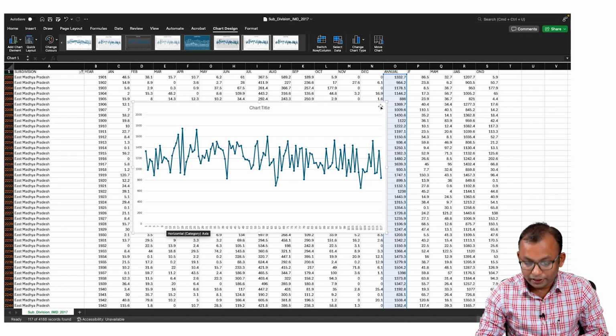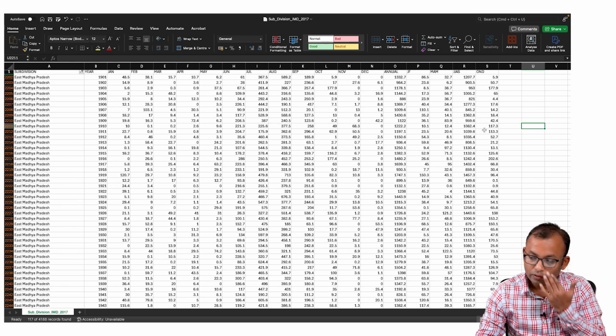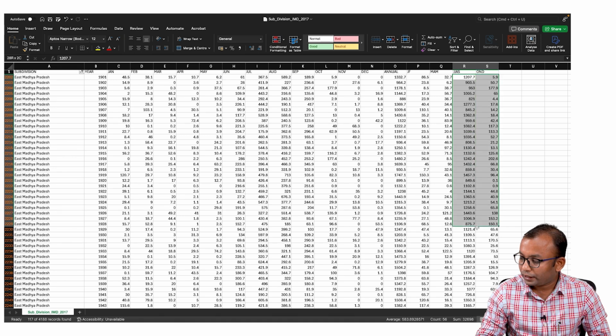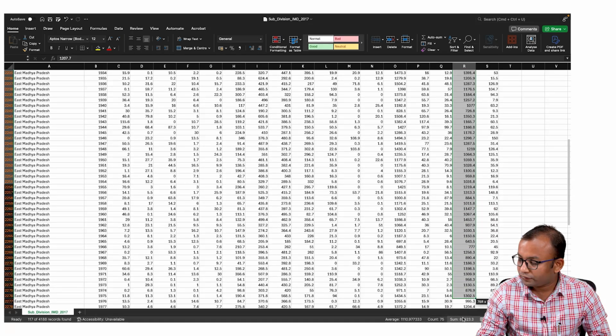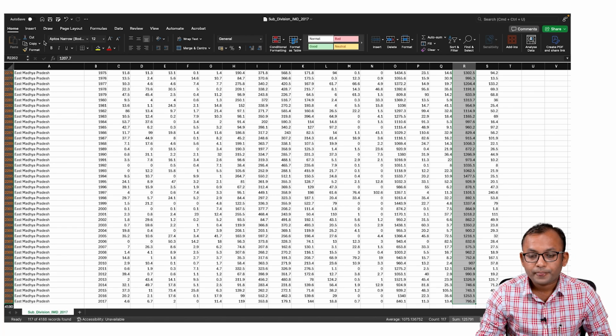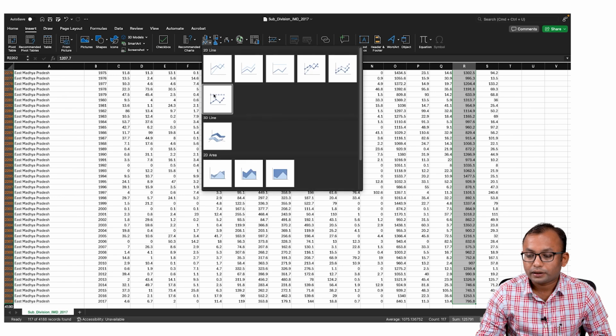Now, I will delete this figure and then I will go to another figure, which is basically the monsoon rainfall. So, here JJAS is your monsoon rainfall. What you can do, you can again select all the values of JJAS, which is June, July, August, September values, and then you can go to insert and select this figure.